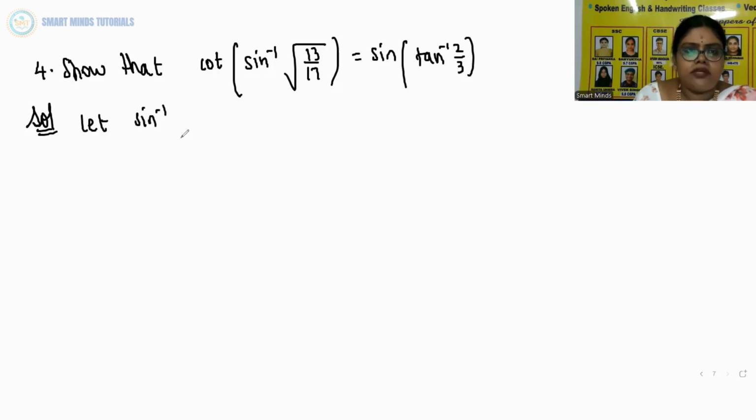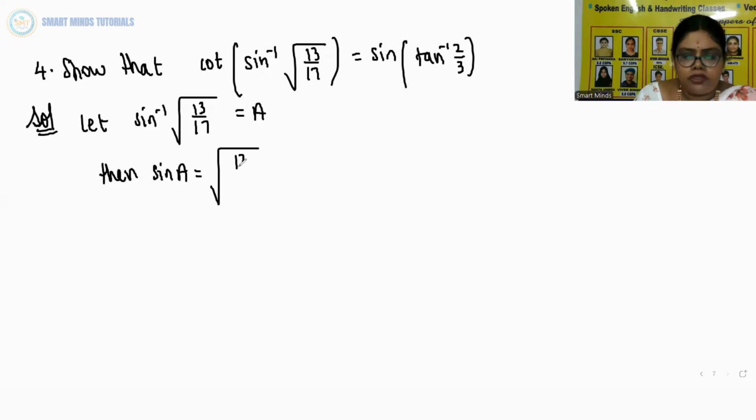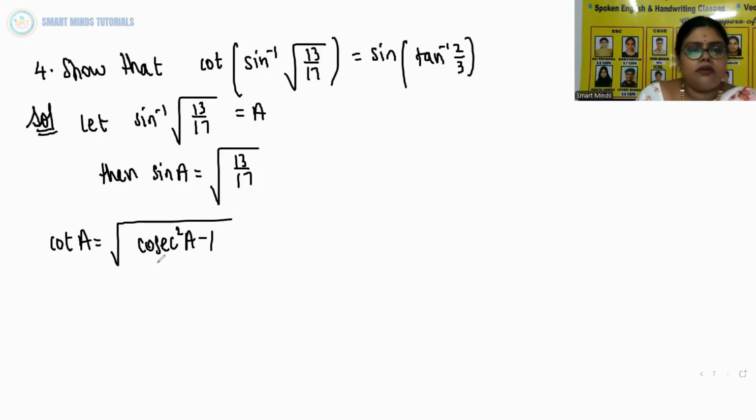Let sine inverse root over 13 by 17 equal A. Then if I take sine inverse that side, sine A will become root over 13 by 17. Now, we will find cot A value. What is cot A formula? Root over cosecant square A minus 1. This is from trigonometric identities.